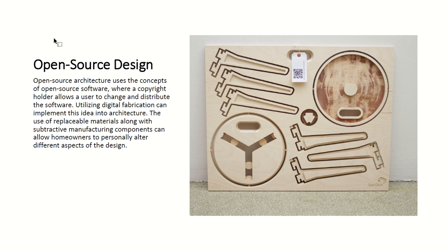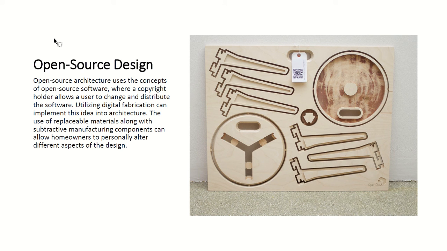And then finally, when it comes to open source design, open source software is this concept where a copyright holder has produced software and allows users to change and distribute the software. This idea is being implemented into architecture where a designer allows a homeowner, per se, to adjust a design or aspects of a design as they see fit.